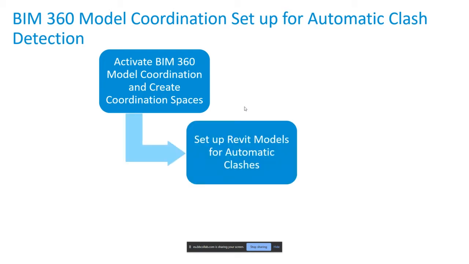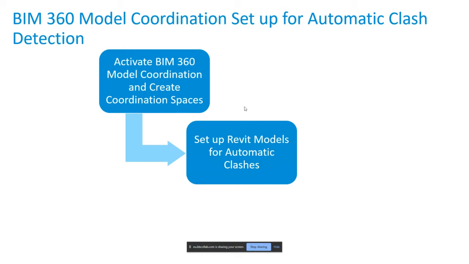The next thing that we're going to talk about is setting up Revit models for automatic clashes. Now, because the model coordination module does automated clashes, we can't just throw a model there and say, all right, let's find out how many clashes we have. What we got to do is to set up the model to make sure that we create what we call 3D views that have the elements that we do not want to include in clashes turned off.